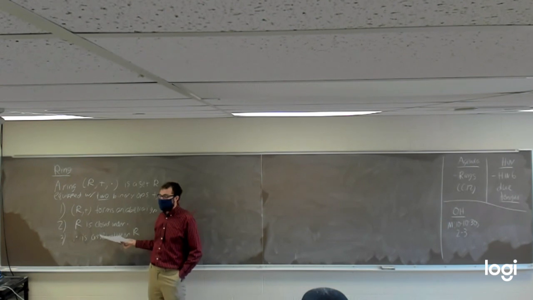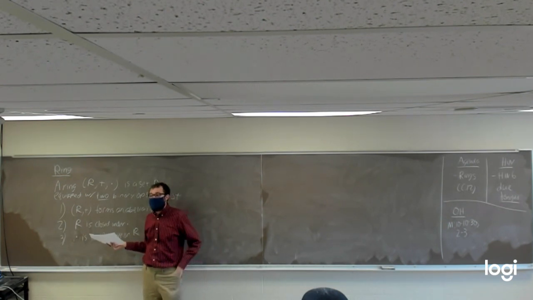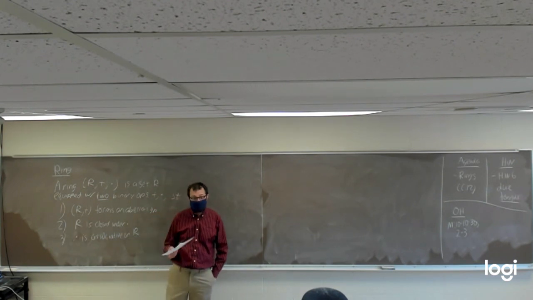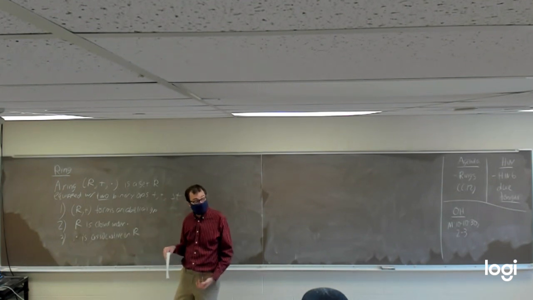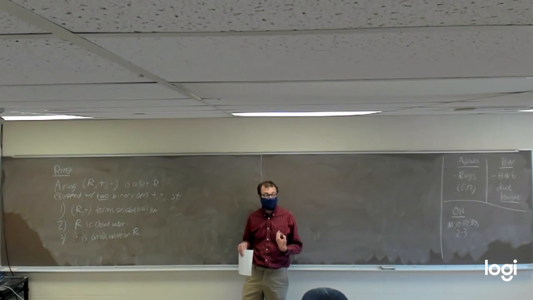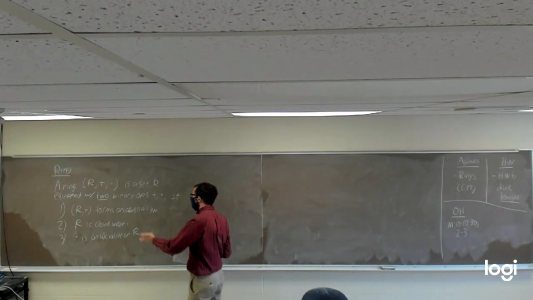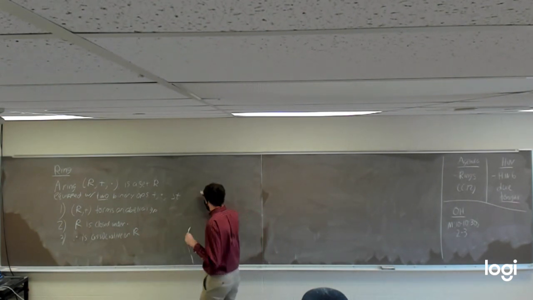We want to have associativity of multiplication, a times bc, a times b times c is equal to a times b times c, because those are very nice things to have. However, we're not going to necessarily require that we have a multiplicative identity or multiplicative inverses. So while it's going to form a group under addition, it's not necessarily going to under multiplication.